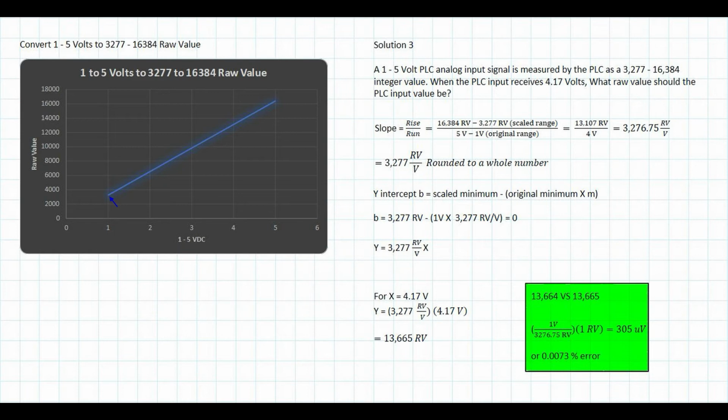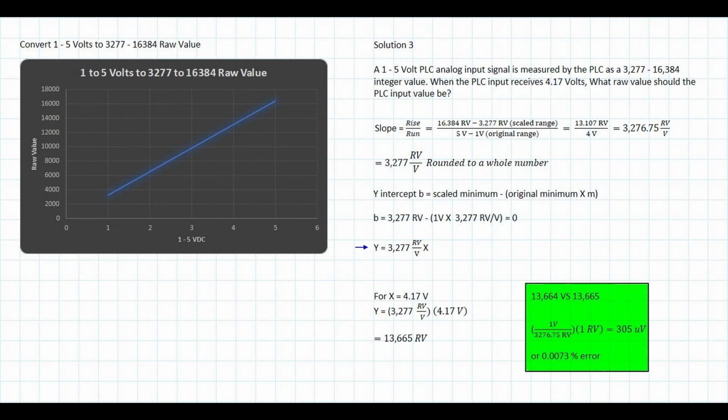The answer lies in the origin of our scaled range values. In reality, we're measuring a 0 to 10 volt signal, and that signal starts at a raw value of 0 when the voltage starts at 0. In other words, if we were to extend our line down to the left, it would cross through the origin point.